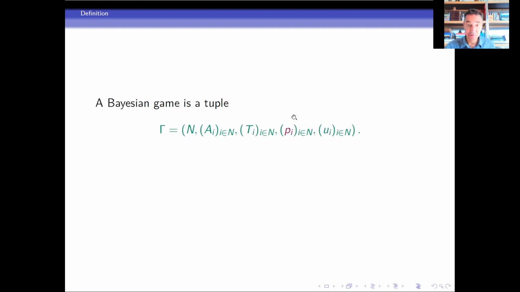And the last ingredient, the one I skipped over here, is the Pi, and those are the priors. So each player has a prior probability distribution, and it is a probability distribution on sets of types.